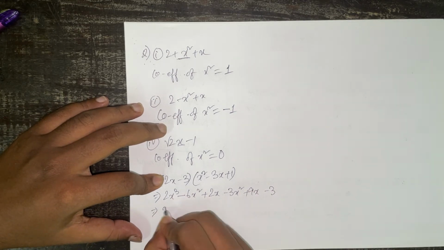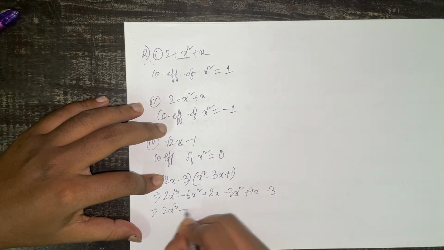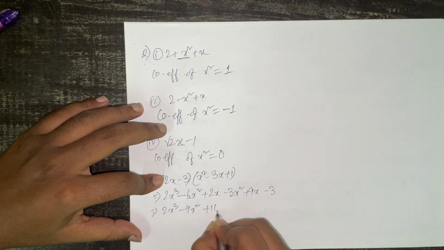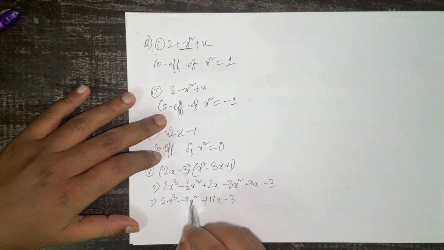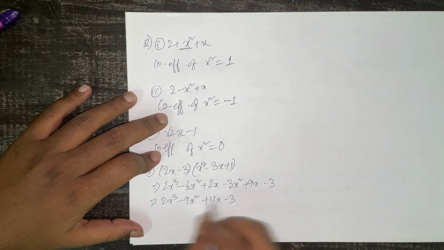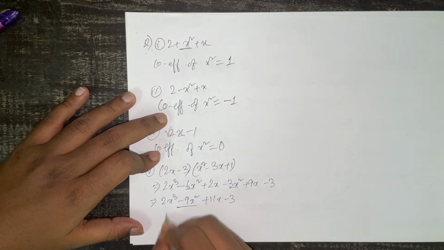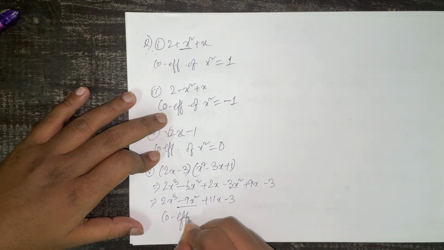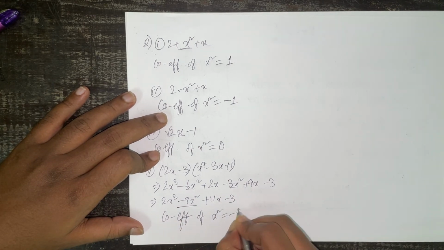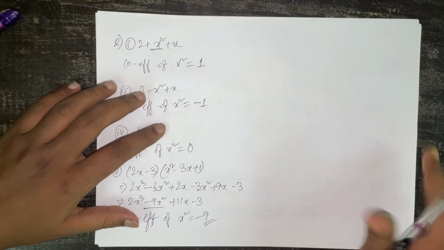So we have 2x cube, minus 9x square plus 11x minus 3. So now we have a polynomial, and here the coefficient of x square is -9. Done. Simple. We are done with this.